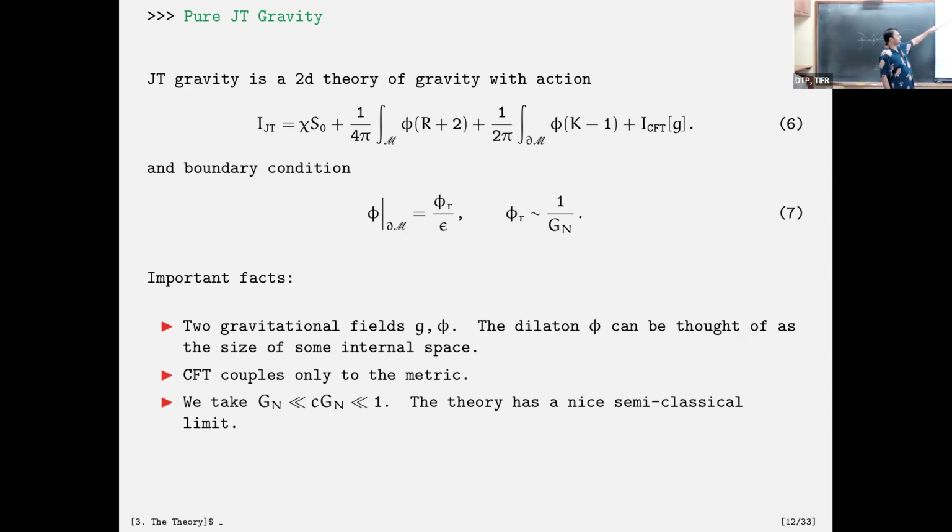What's going to happen is that the dilaton is dynamical, and because of the boundary condition, the boundaries will be dynamical. This order of limits allows me to take the dilaton to be a classical field. From the point of view of horizon degrees of freedom of black holes, you can do this because one mode becomes much more strongly coupled than everything else.